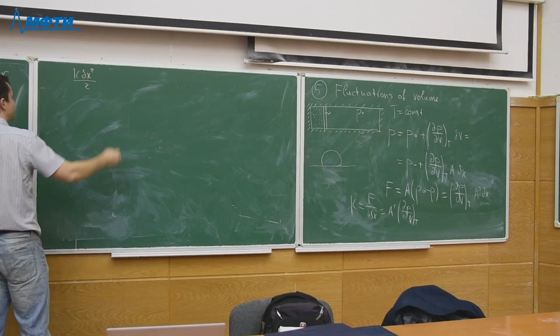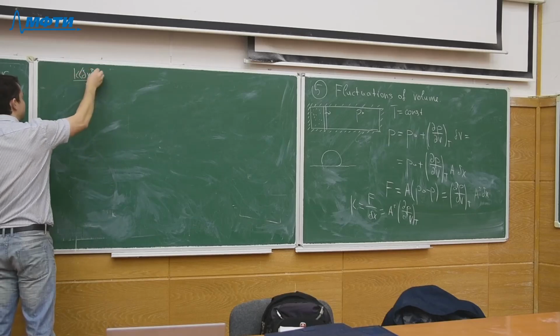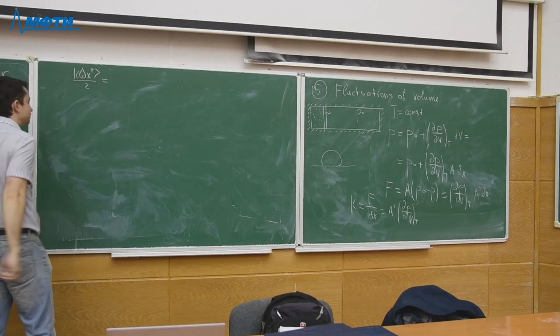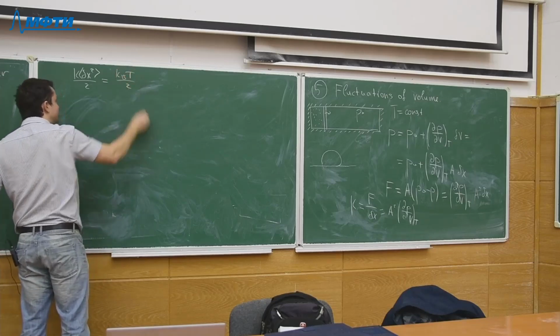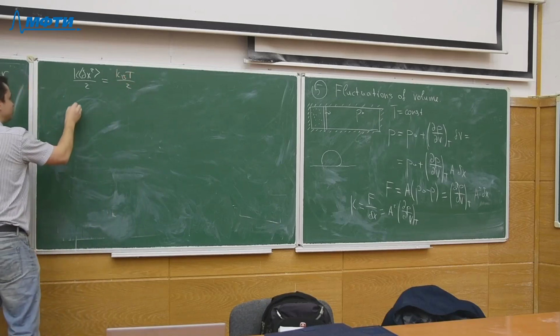And the Equipartition Theorem states that if I want to calculate the mean value of this energy, then it should be equal to kBT over 2, which allows me to determine delta x squared.